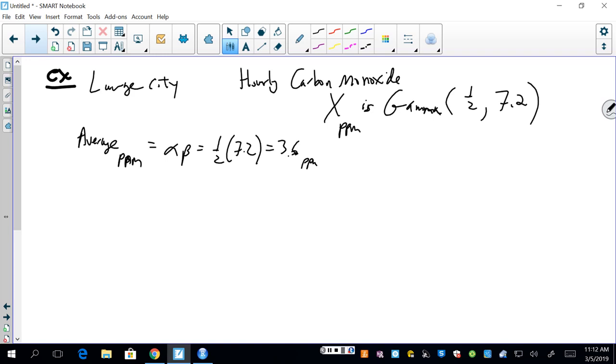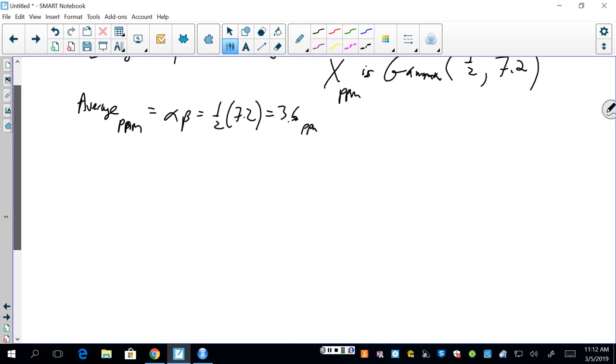Yes? What do alpha and beta mean for this application? Because we originally said, I think, that 7.2 parts per million was the carbon dioxide, and 3.6 maybe was the average. So what is the 1/2 and 7.2? With the other one, we had exponential, 3.6.